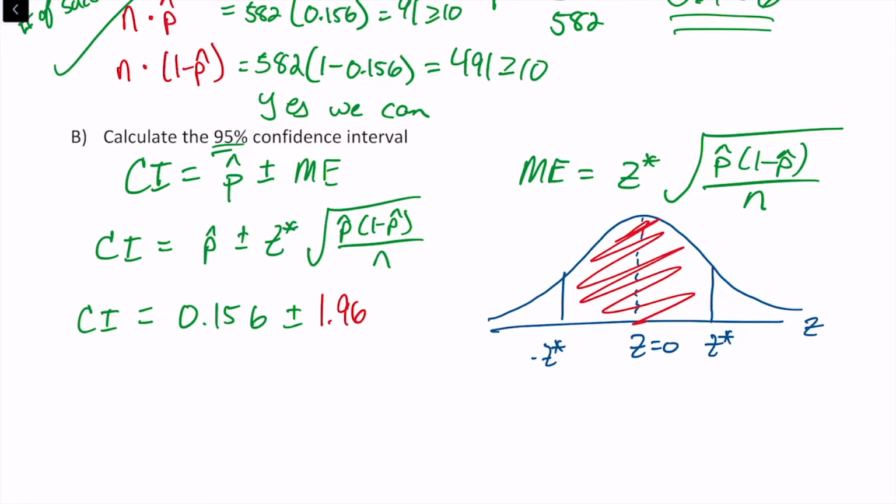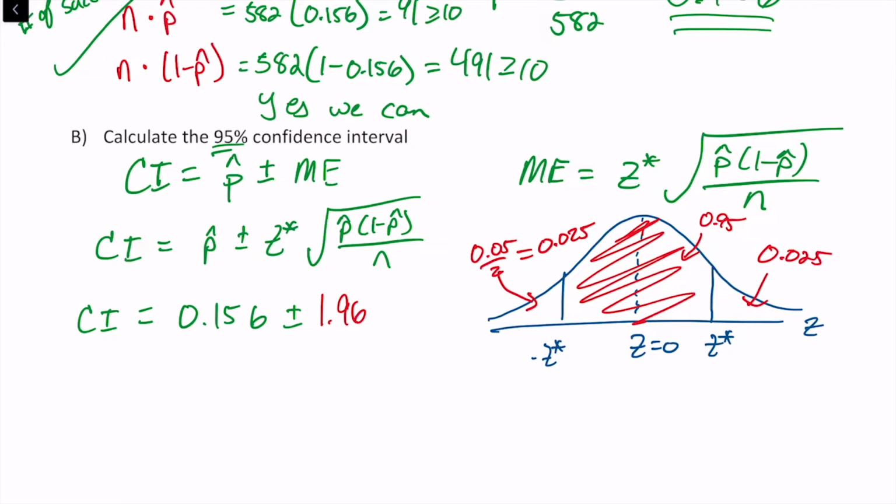We are 95% confident, so all of that shaded area is 0.95. The remaining unshaded area, which is 0.05 in this example, is divided by 2, and that is the area that goes in the left and right tails. So 0.05 divided by 2 gives us 0.025, and for that same reason, 0.025 on the right side.